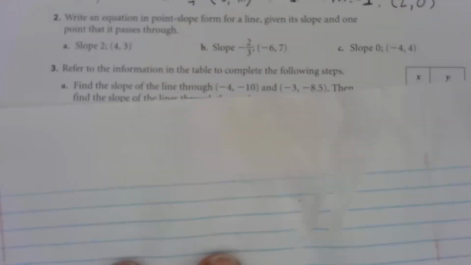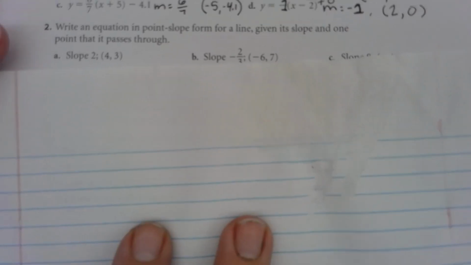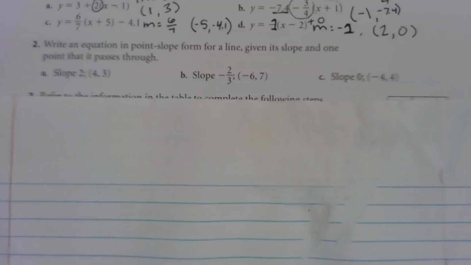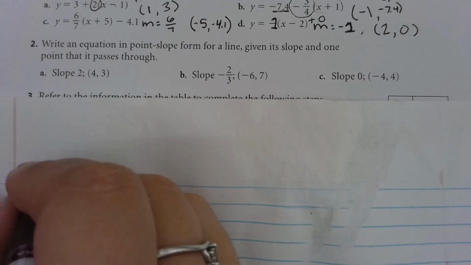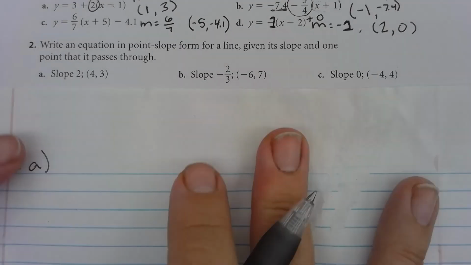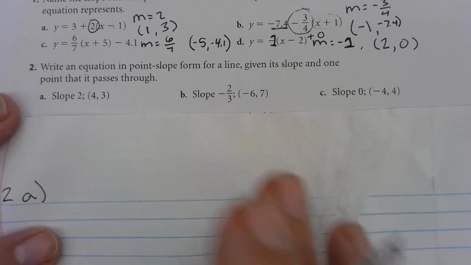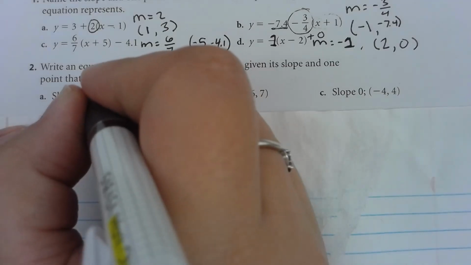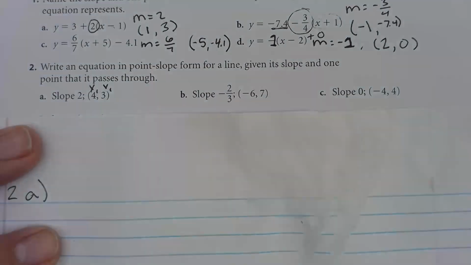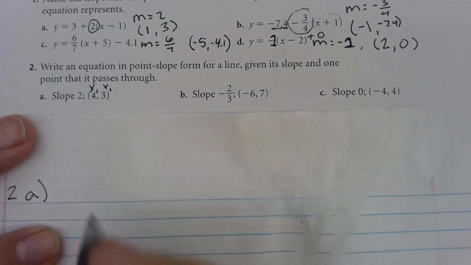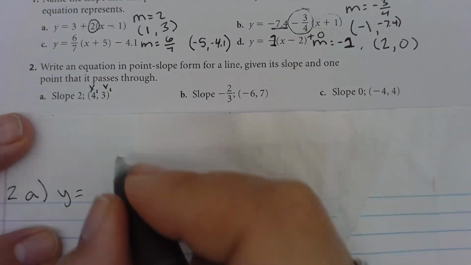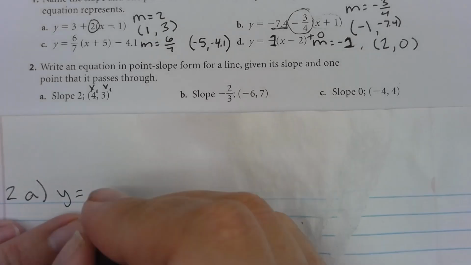Okay, so this is where separate paper is going to be needed. Okay, so this becomes x1, y1. So we get y equals our slope. What's our slope?